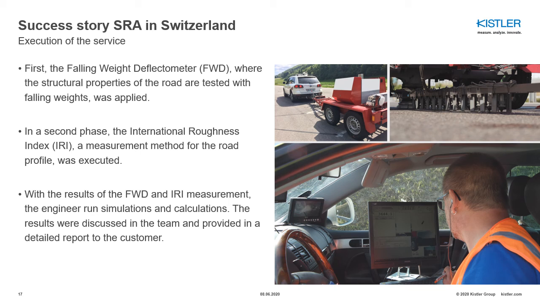At first, the FWD measurements were conducted where the structural road properties of the road are tested. Then the IRI was done, and with those results, our engineer could run the simulations and calculations.